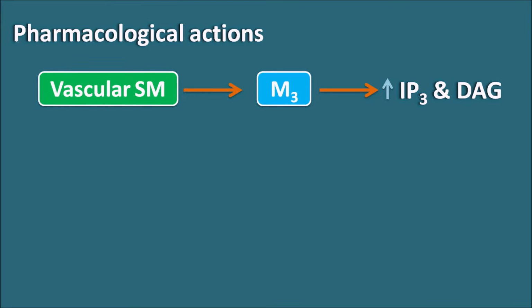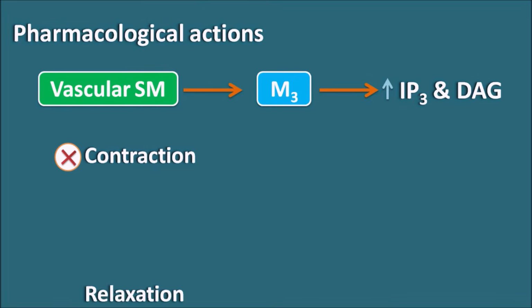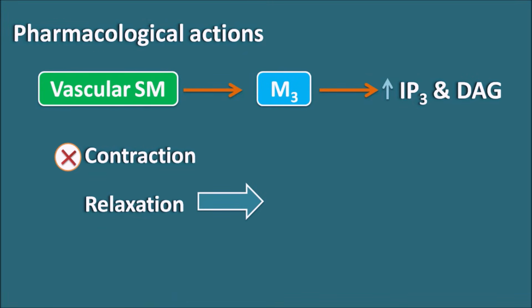the endothelium. So when these M3 receptors are activated by cholinergic agonists, they produce IP3 and diacylglycerol within the endothelium, which then release nitric oxide. So cholinergic agonists will not produce any contraction, but they produce a relaxation by release of nitric oxide from the endothelium. This nitric oxide can increase the cyclic GMP levels within the vascular smooth muscle, thereby it can produce vasodilatation.